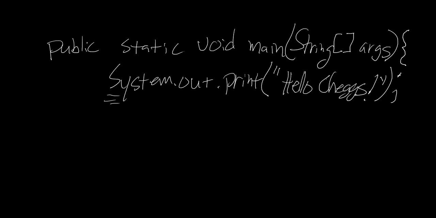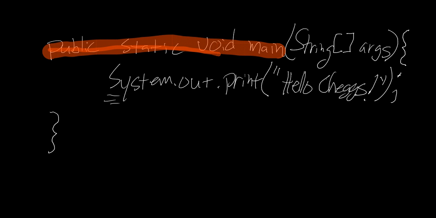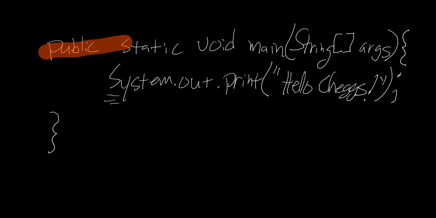Now what this will do is this right here. That's the name of the method. It's called the signature, well, no, this is just the name.